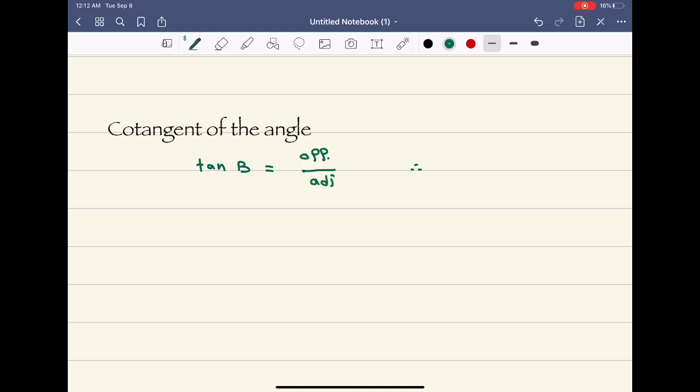Therefore, the reciprocal of tan B, 1 over tan B, equals adjacent over opposite. The reciprocal of tan is called cotan and denoted by cotan. Cotan B equals 1 over tan B.